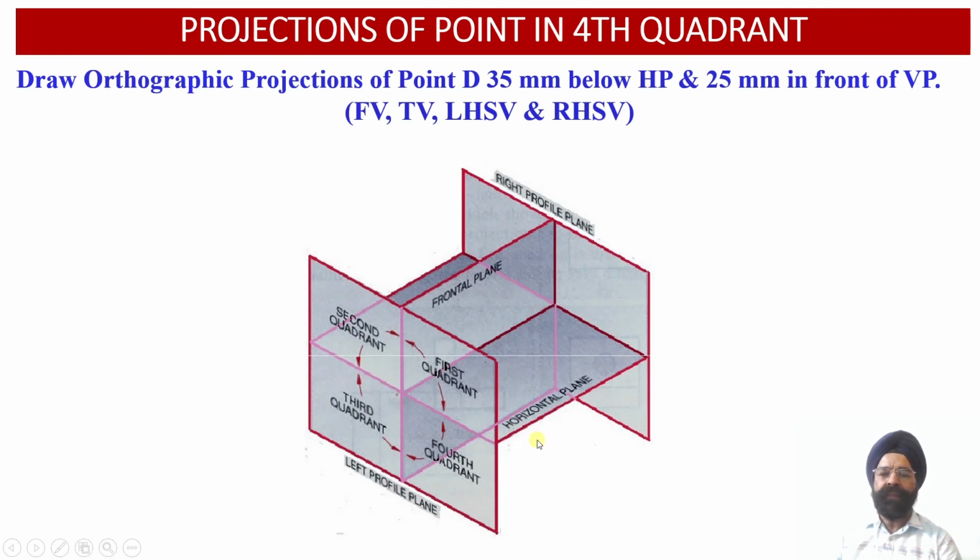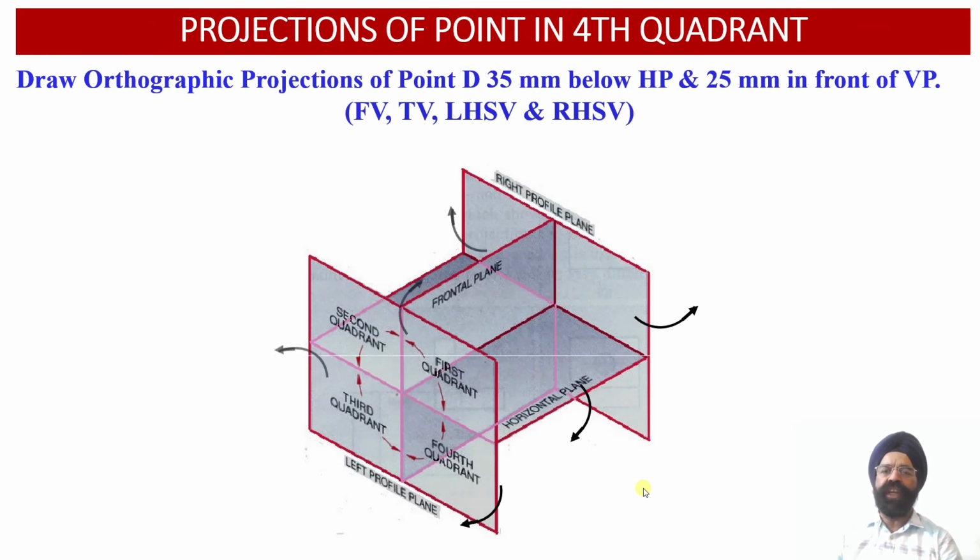So we know that whenever an object or a point is to be located in the fourth quadrant, the object will be lying below the horizontal plane and in front of the vertical plane. Now we know that whenever a point is located in any quadrant, the front view, top view, left hand side view and right hand side view orthographic projections are going to be obtained on the mutually perpendicular reference planes.